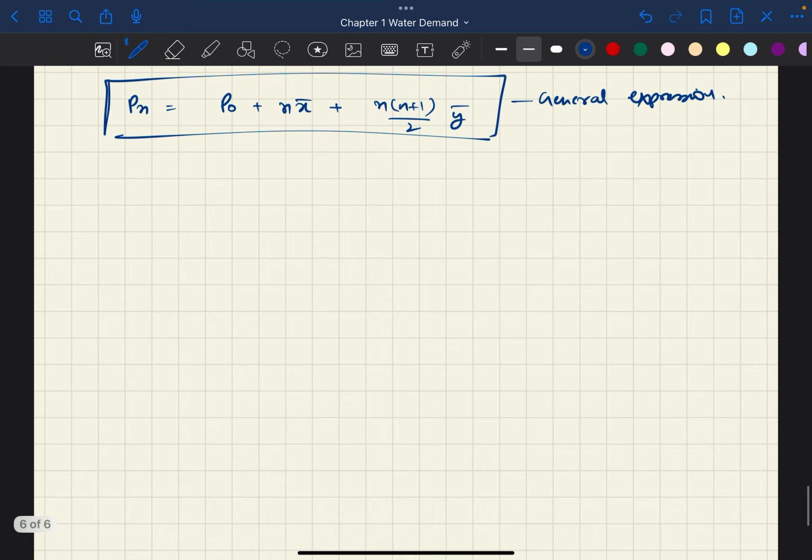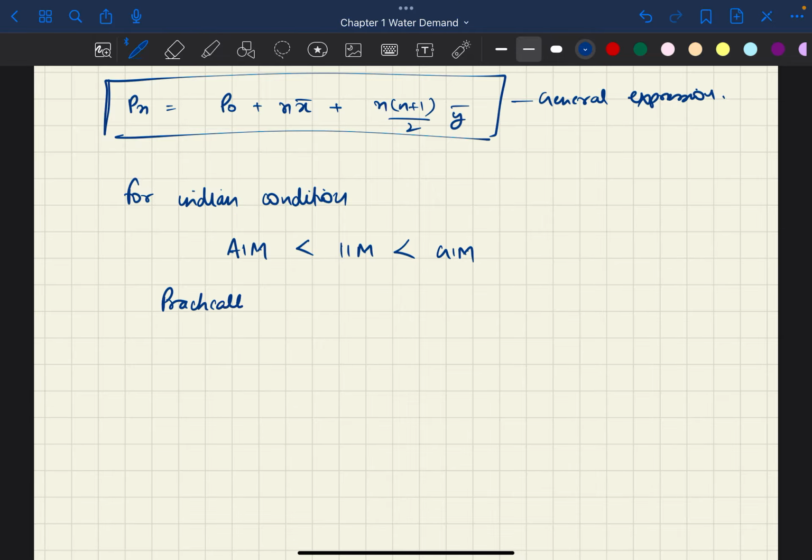And for Indian conditions, arithmetic increase method gives minimum value, incremental increase method gives medium value, and geometric increase method gives largest value. Practically, y bar is usually greater than 0 for Indian conditions.